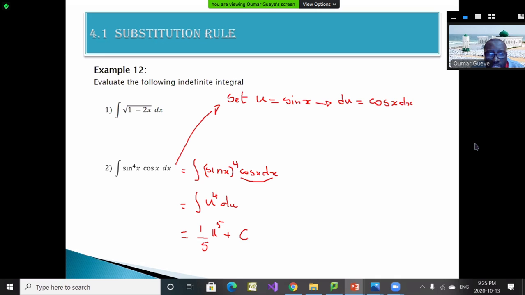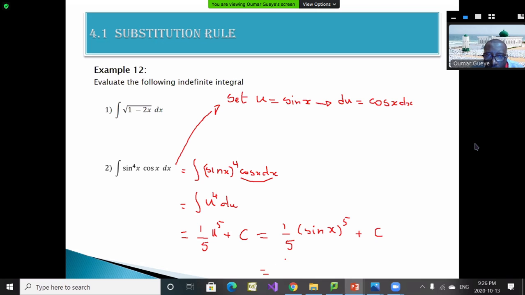And the last step, as I told you, you substitute back. It's going to be 1/5, and we know u is equal to sine x. But when we drop the bracket, we know the notation of this is sine x to the power of 5.